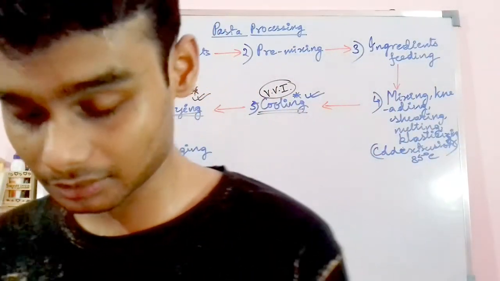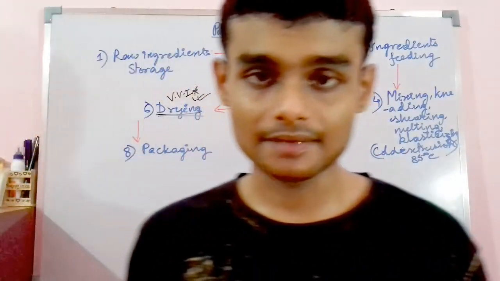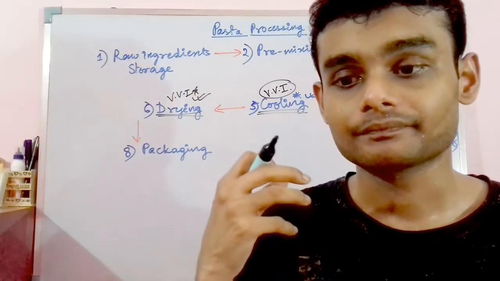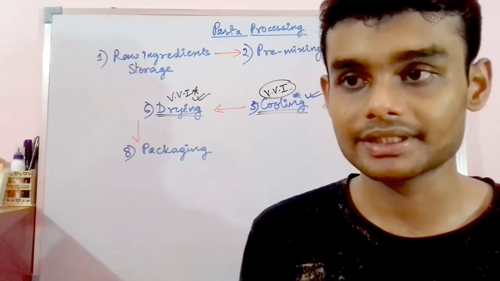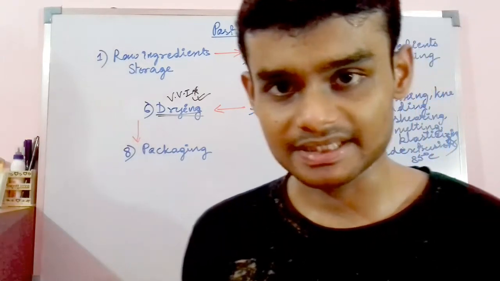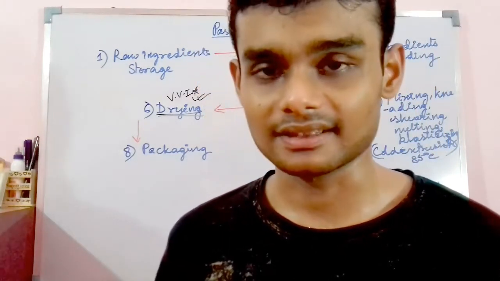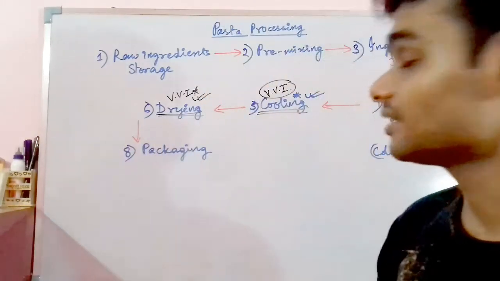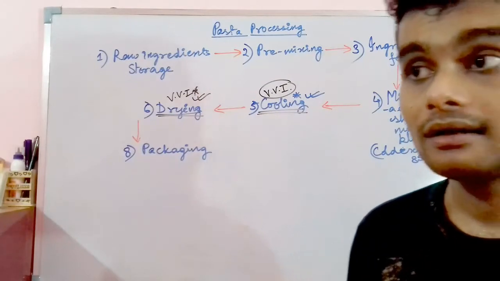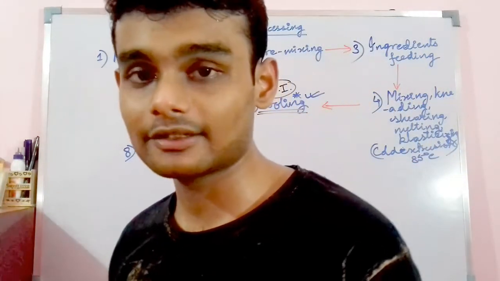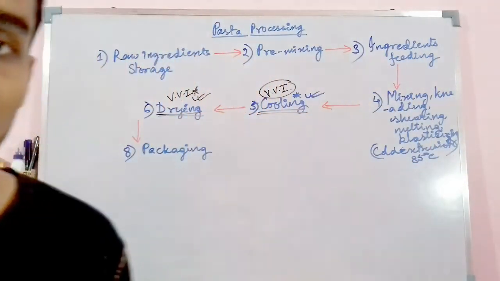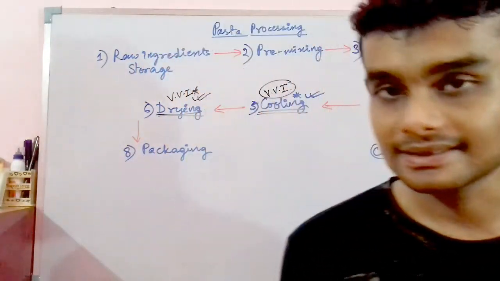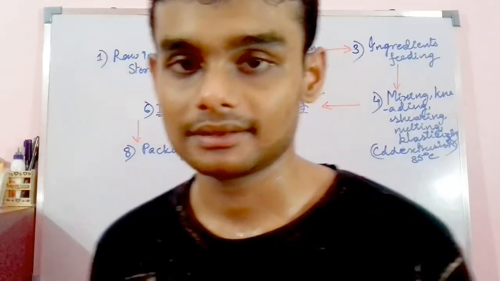When we open the packet of pasta, we see that the pastas or macaronis, whatever type of pasta it is, are present in a very dry consistency, right? Now the dryness is achieved with the help of this particular step where air puffing is done. Deoxygenated air, hydrogen ion generated air, or inert gases are used in order to dry the pasta.